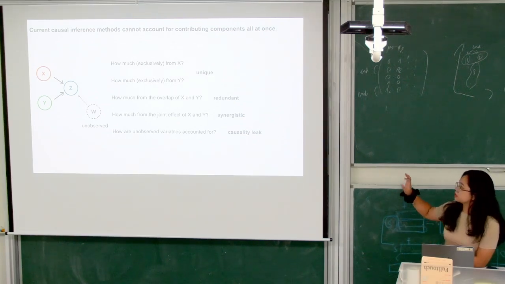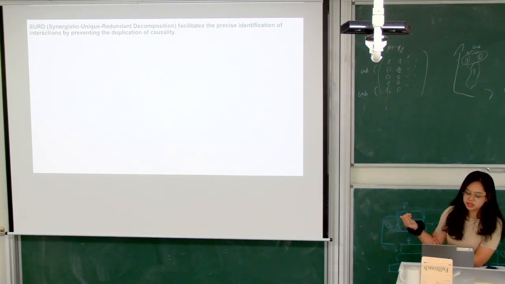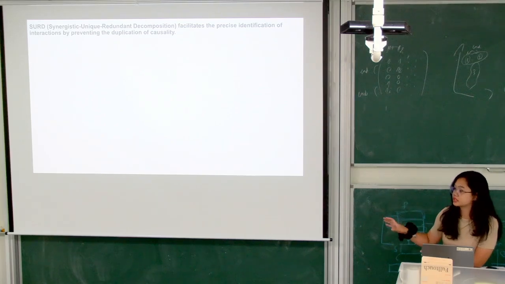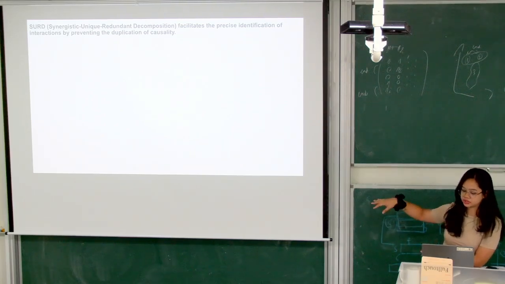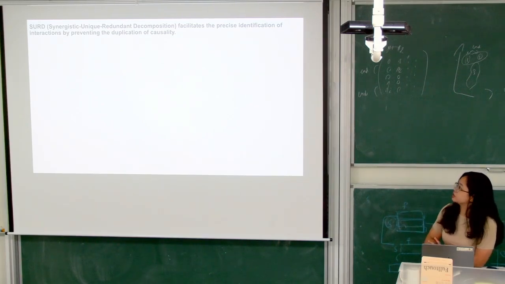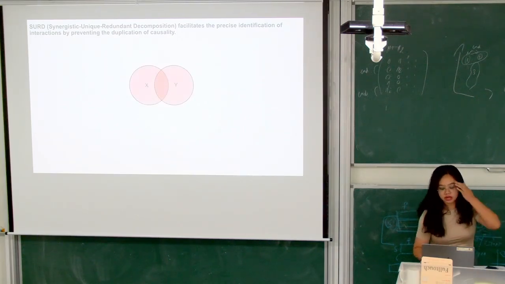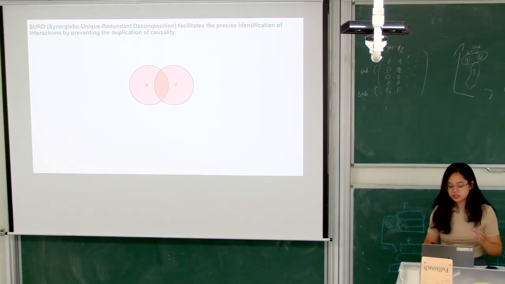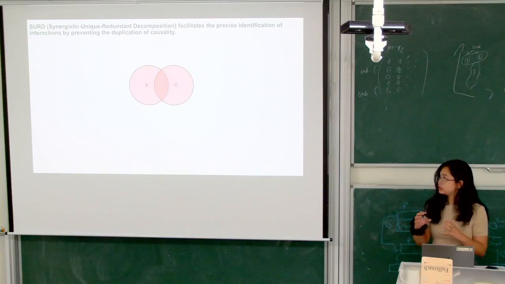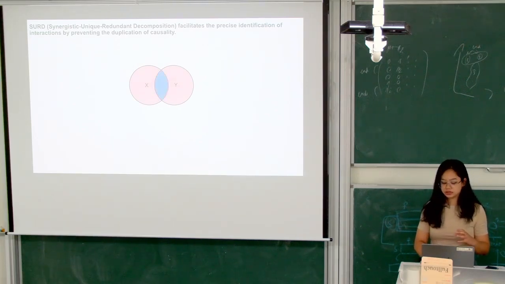In particular, the method here, which is called the synergistic unique redundant decomposition, addresses those questions. It facilitates the precise identification of interactions by preventing the duplication of causality. Let's take a look at the case where there are two predictor variables, x and y. Usually there is an overlap in the causality of these variables.